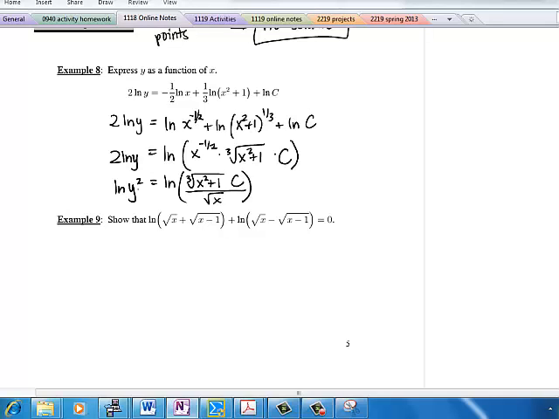If the natural log of one side is the same as the natural log of the other side, then we're not dividing by the natural logs, but they have to have the same inputs if the natural logs are the same. So that would imply that y squared has to be the cube root of x squared plus 1 times c divided by the square root of x.